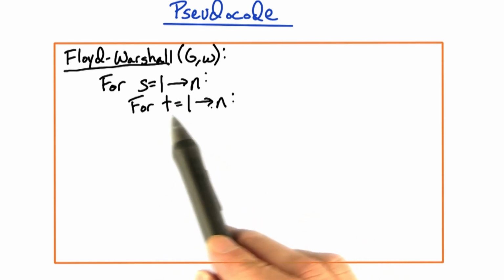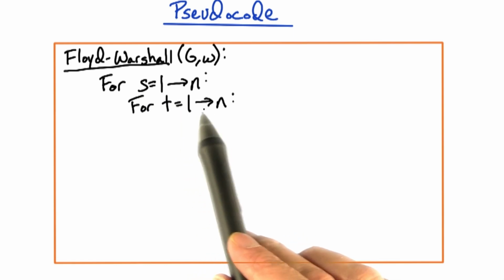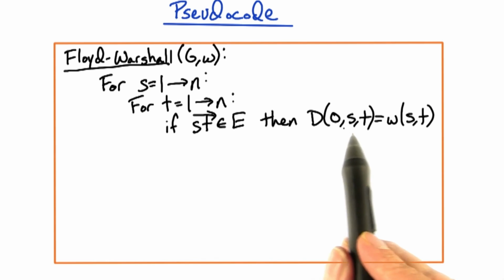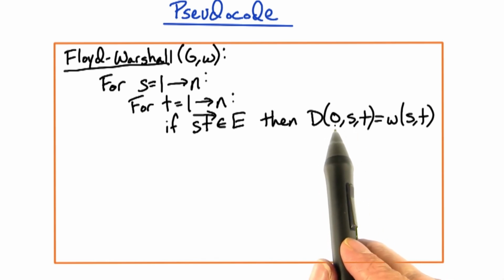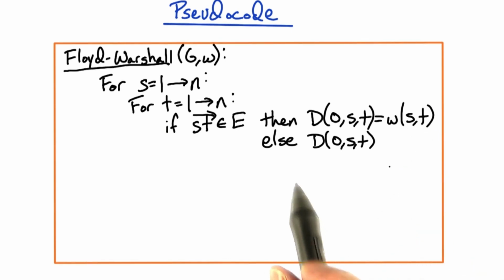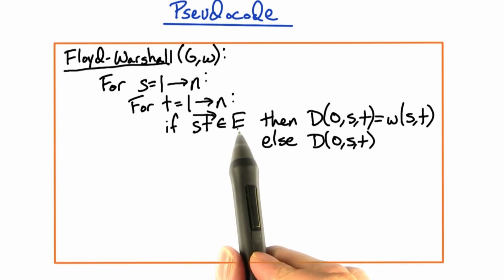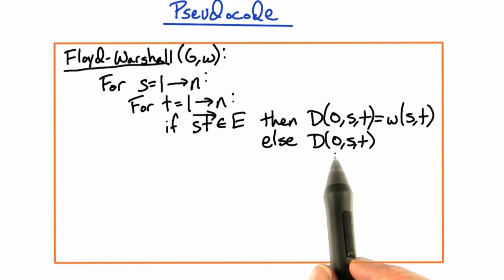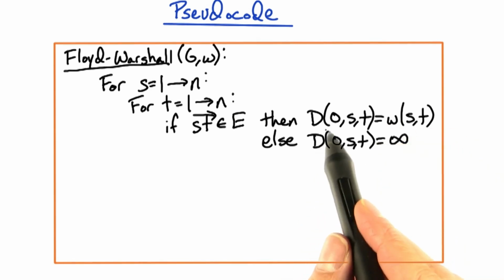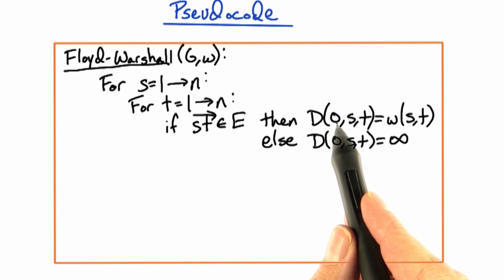Now to fill in the entry d of 0 s t, we have to check whether there's an edge from s to t. So if s t is an edge, then this entry d of 0 s t is exactly the weight of this edge from s to t. In the other case, where s to t is not an edge, then we're going to set d of 0 s t to be infinite.